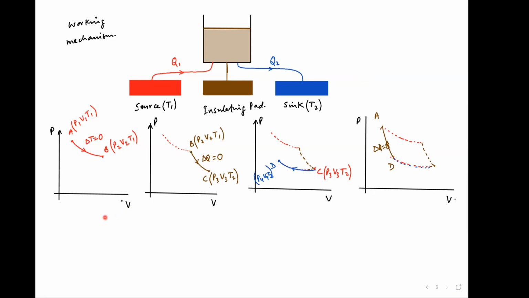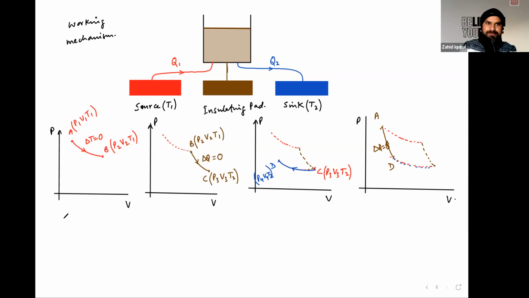Done, sir. Okay, now we have to define each different process. First, for A to B, in this part, the gas is going through isothermal expansion, where temperature change is 0. Just 1 minute, Fatima.